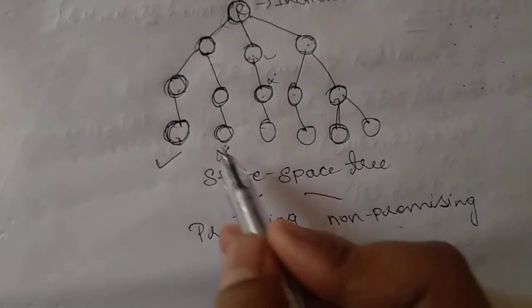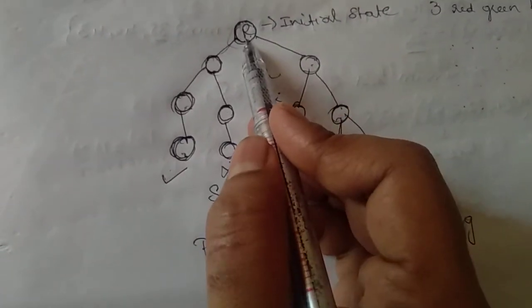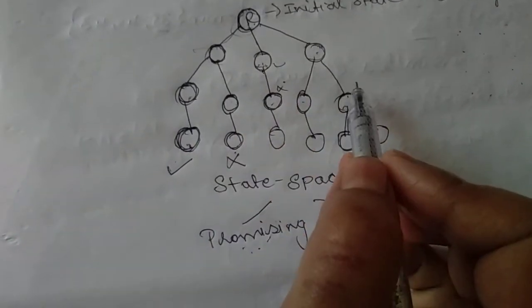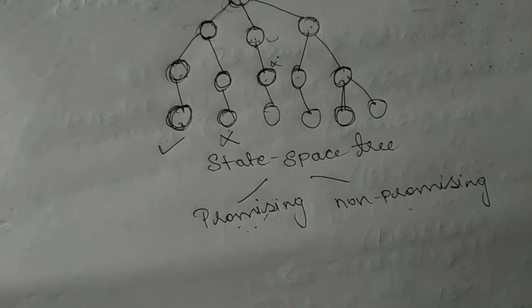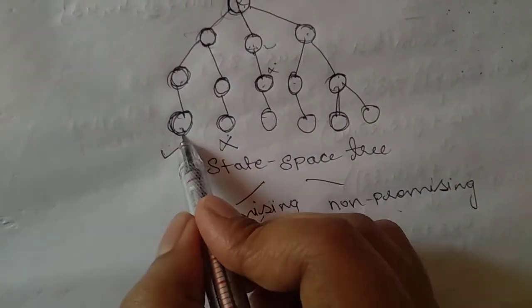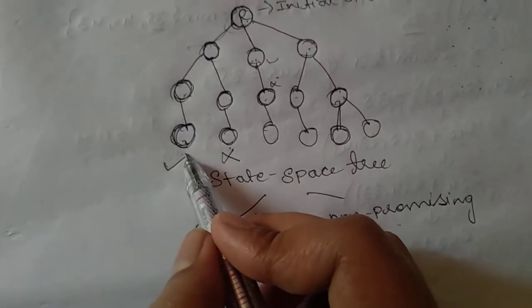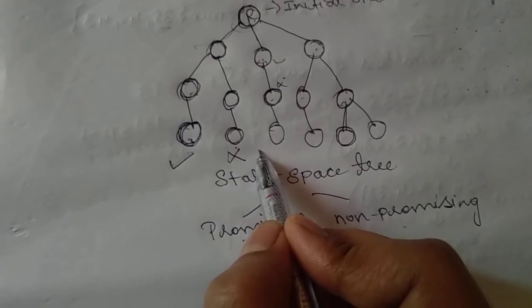And the leaf nodes. What are these leaf nodes? We have just seen the root node, and level 1, level 2, all these things. Then what is the leaf node? Here, a leaf node represents either a promising dead end or a non-promising dead end. Just now I told you it may be either promising or non-promising.